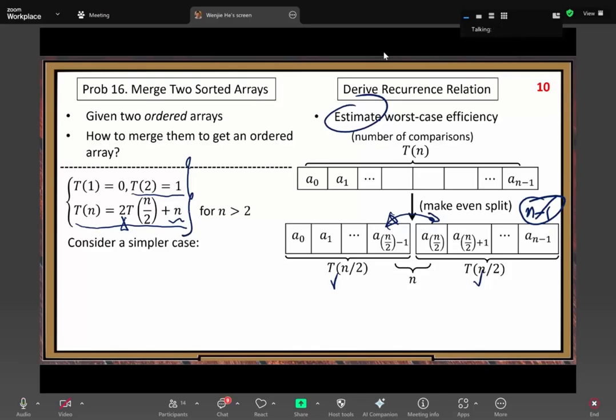Because here, you need to think about n over 2. You have a lot of n over 2, and you do recursion. So n over 2, n over 4, n over powers of 2, all the way down to the bottom. That's the recursion process.